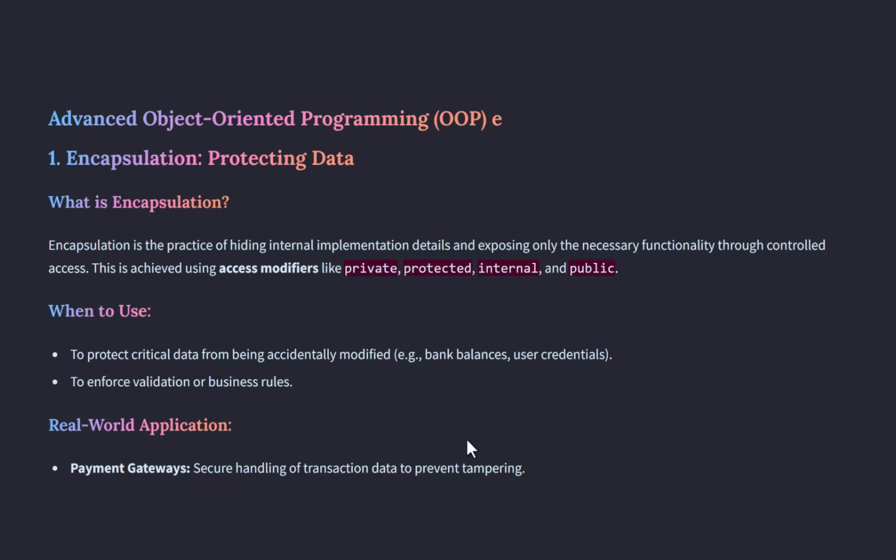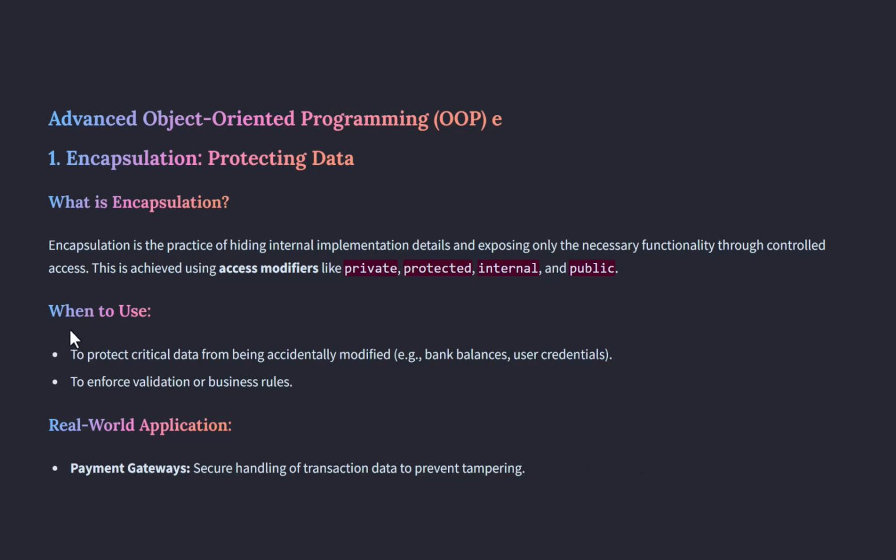It is the process of restricting direct access to an object's data and providing controlled access through a method or property. Encapsulation ensures the internal implementation details are hidden from the outside world, and only the necessary parts are exposed for interaction.